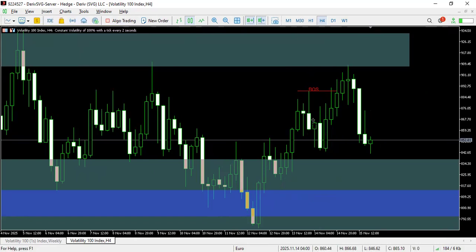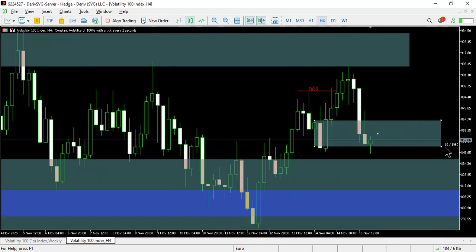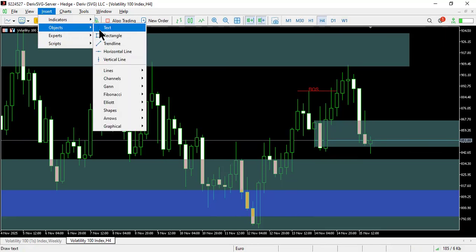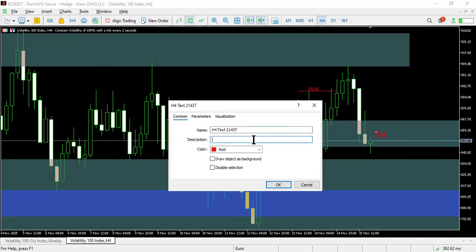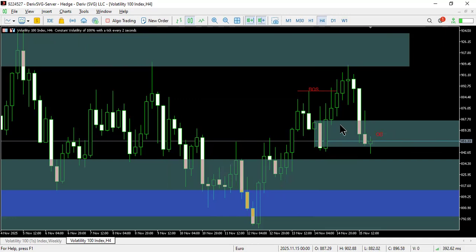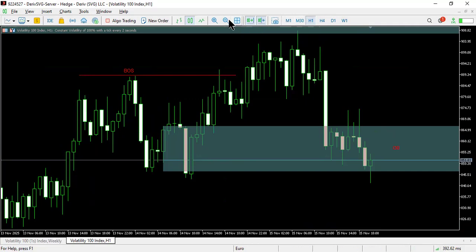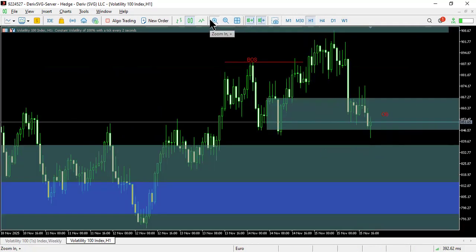And then this is the order block which caused the break of structure where price is currently at. But from the look of things, it looks like price might come back to this support level. But let's keep on breaking down the chart and see.